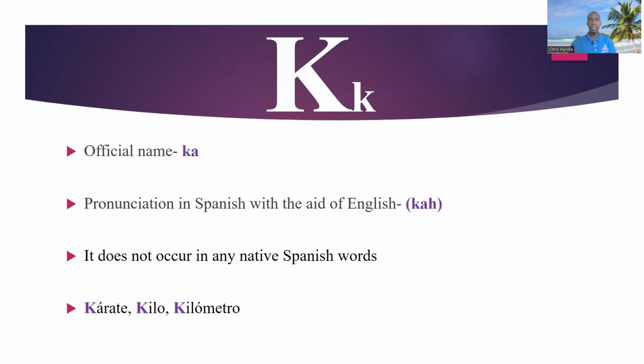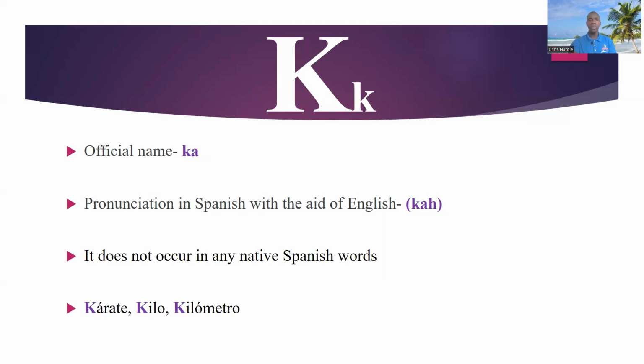K, ka. Now, the letter K is very rare in Spanish, and any word that contains the letter K will be a borrowing from another language. There are no words that are native to Spanish that contain the letter K. So you will hardly find any words with a K in it.